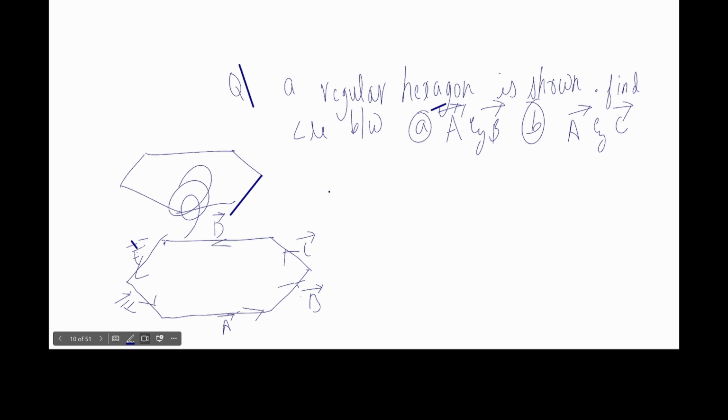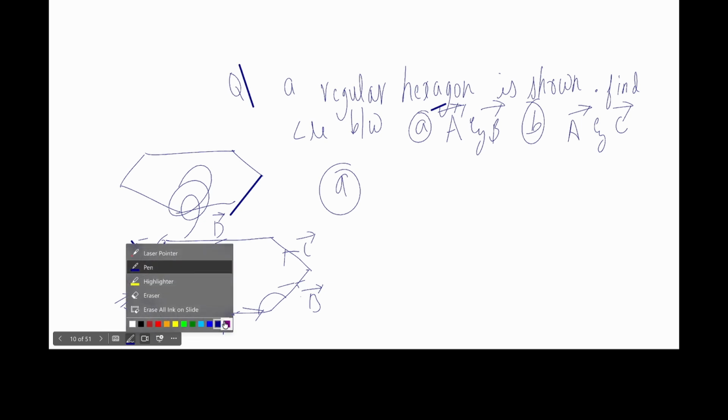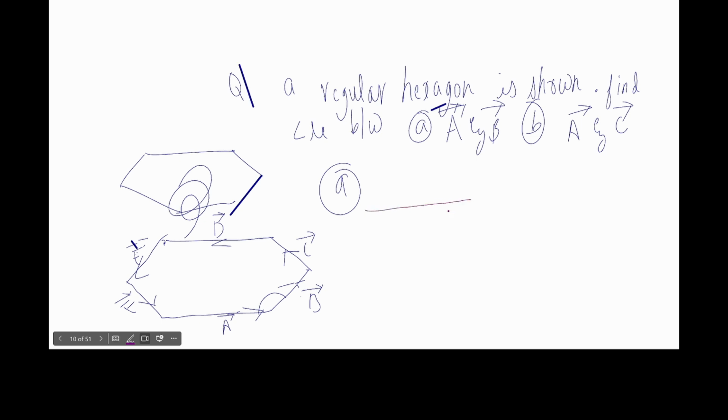So we need to find the angle between A and B. Let me change the color for the solution. This is the diagram, this is vector A and this is vector B. If I extend this, I know this is 180 degrees, so the angle is something minus 180.